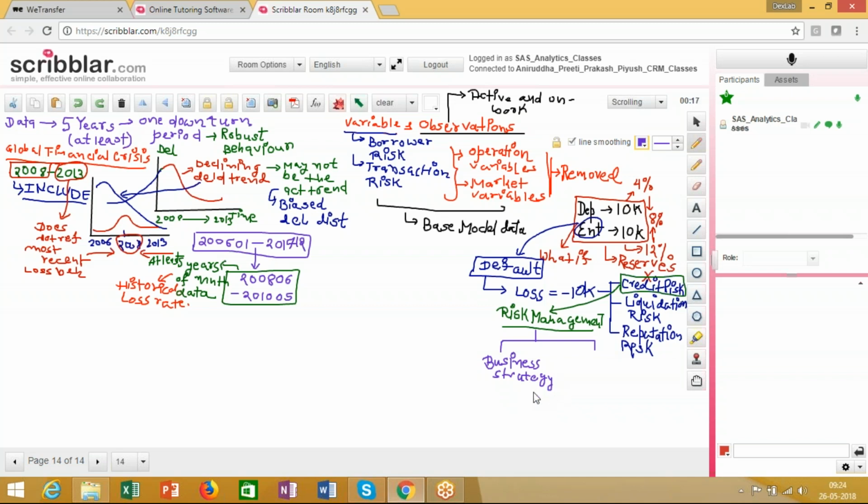So within the business strategy, we talk about developing application scorecards to manage origination risk. We talk about behavior scorecards to manage behavior risk, and so on, right?